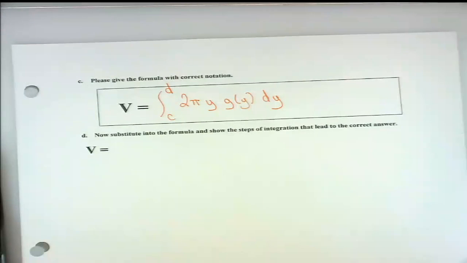Respect solution is the x, and the cylindrical shells are parallel to the axis of revolution, the x-axis. Now we've got to set the problem up.